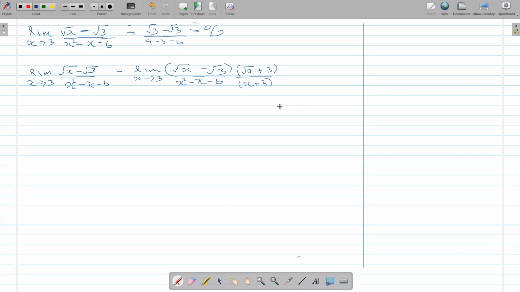The reason to do that: if you look at the numerator, this is a minus b, no? And this is a plus b. Don't mind this part, I erase this. If I apply the difference of squares formula in reverse, this will be a squared minus b squared. Now a is square root x, b is square root 3.